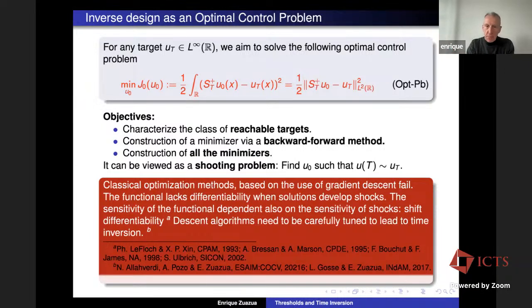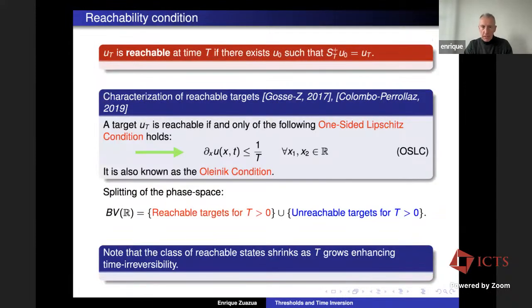You can tackle the problem from the perspective of optimal control. But if you really want to have a complete understanding of what is the set of reachable states and what are all possible initial data that lead you to these reachable states, you can do it. I mean, this was done carefully by Colombo and Perrollaz in particular.